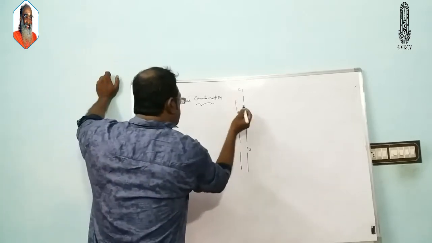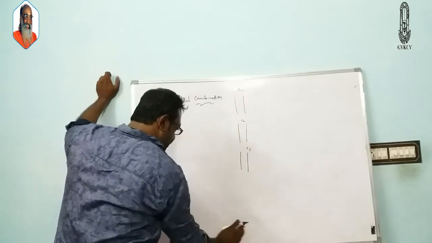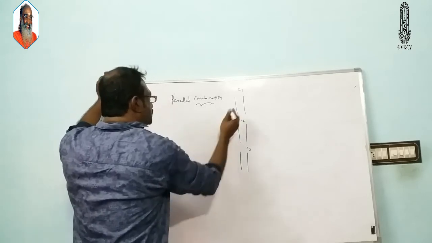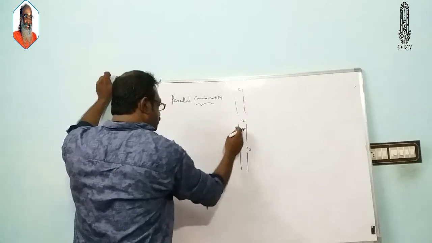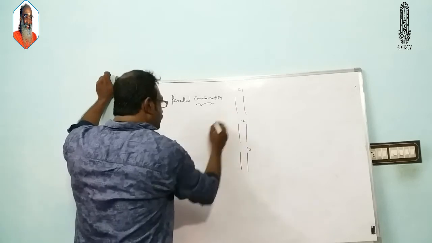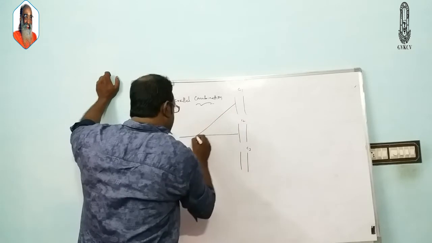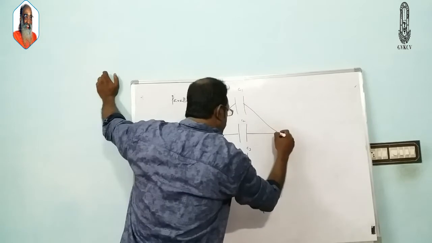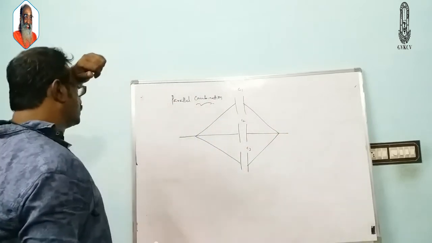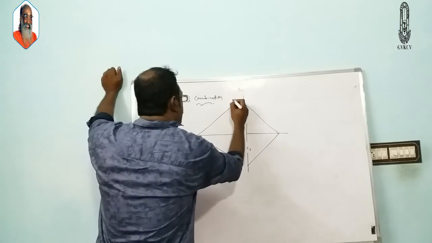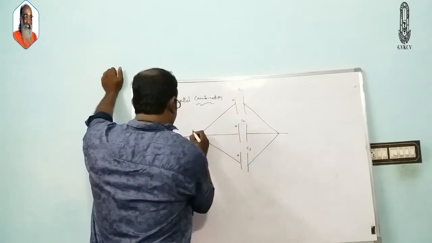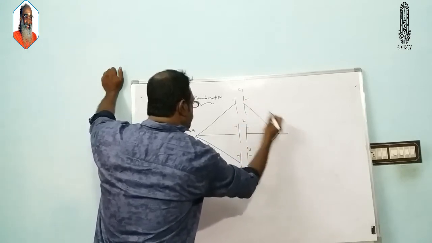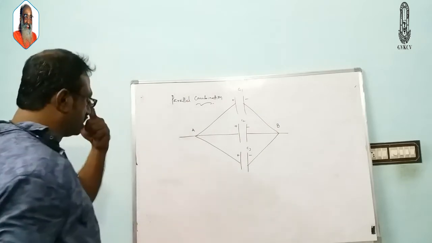Here this becomes the positive end, this becomes the positive end, and this becomes the positive end. So all the positive plates are connected to one point, and all the negative plates are connected to another point. Such a grouping we call the parallel combination.